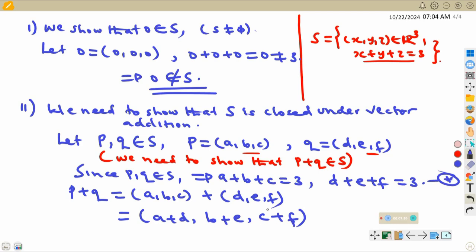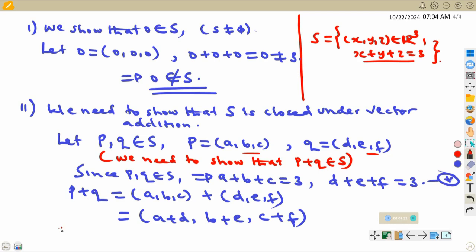So if we want to show that P plus Q is an element of S, we must show that when we get (a plus d, b plus e, c plus f), the sum will give us 3. So what are we interested in after we have seen this?